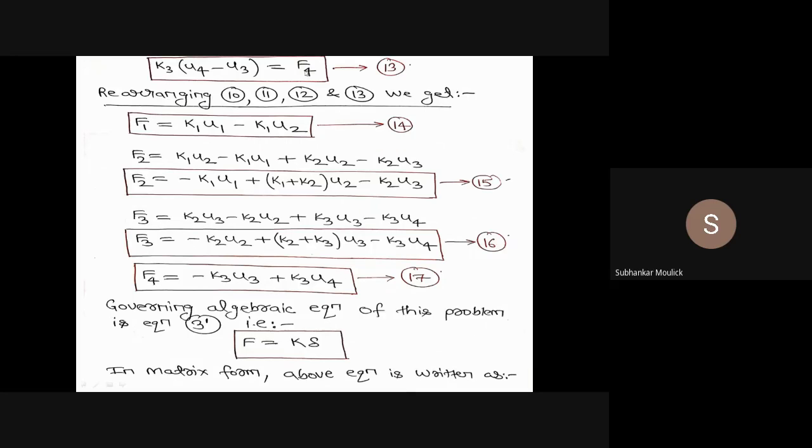Ultimately minus del by del u4 of f4 u4, that is minus f4 equal to 0. So if you partially differentiate it, you will get the expression of f4, and that expression of f4 comes out to be k3 (u4 minus u3), which is equation number 13.